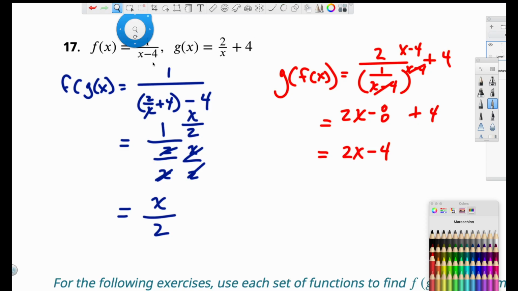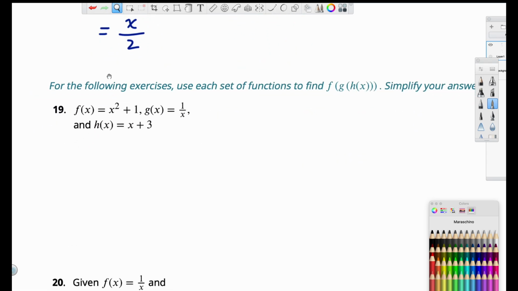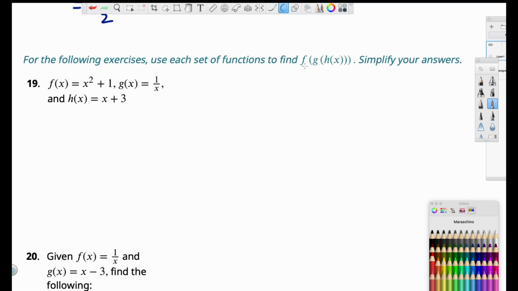Okay, last one. Find f of g of h of x. Let's work our way from the center out. Why don't we first take a look at g of h of x, and whatever this is, we'll plug into the f of x function. So g of h of x.